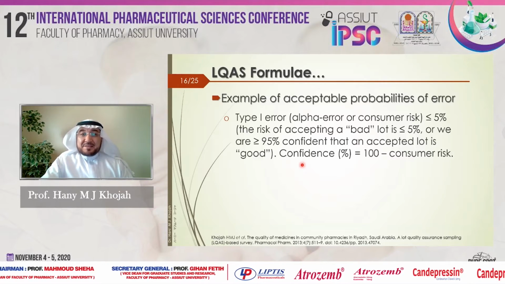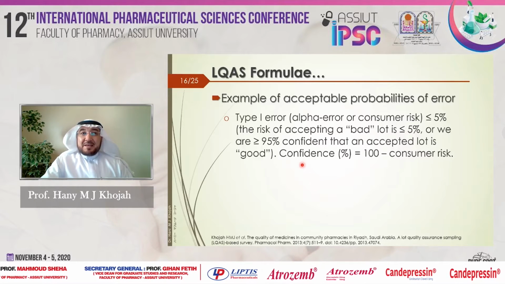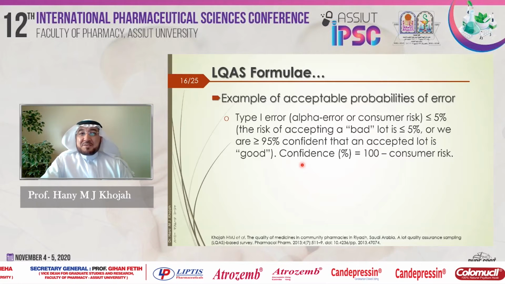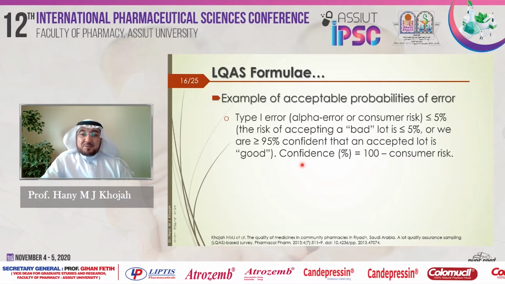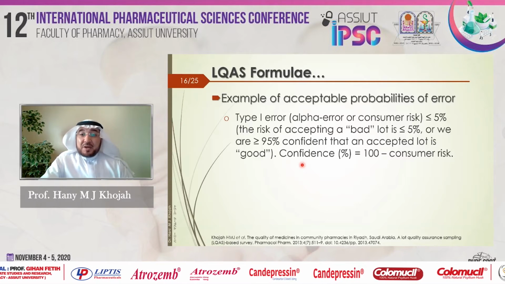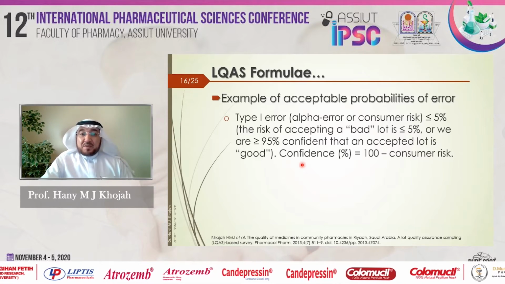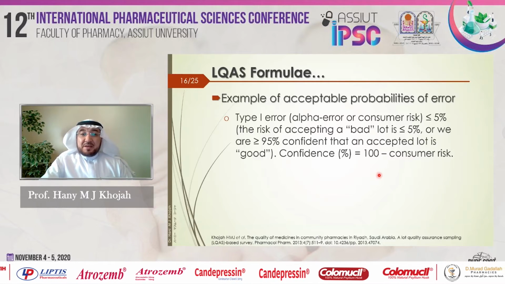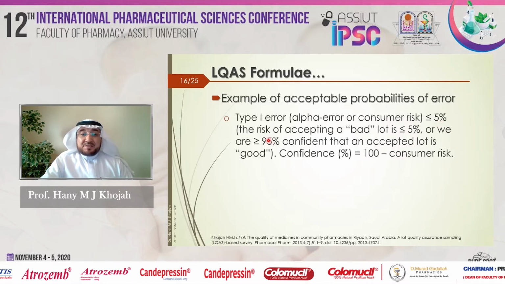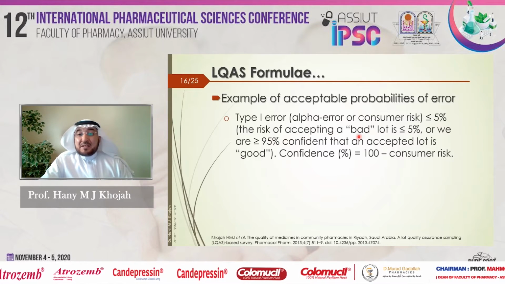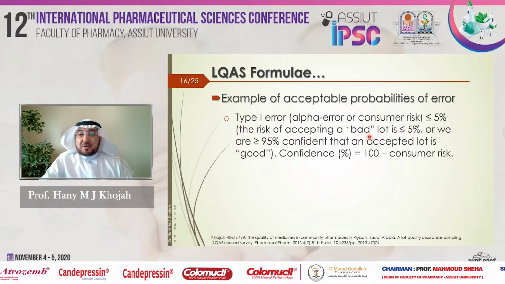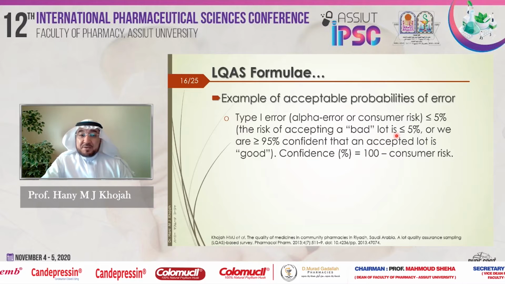It's the risk that is, again, acceptable for the customers when they buy a product to find it bad or broken or whatever. So an example here for the consumer risk is 5%. So it is the risk of accepting a bad lot or a bad batch. It should be less than or equal to 5%.